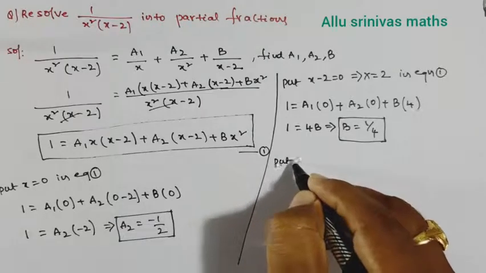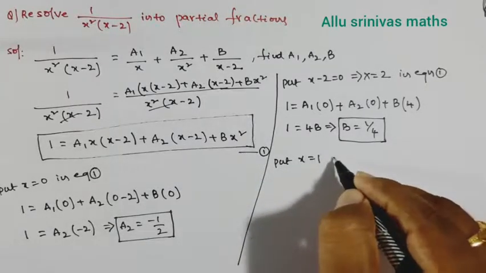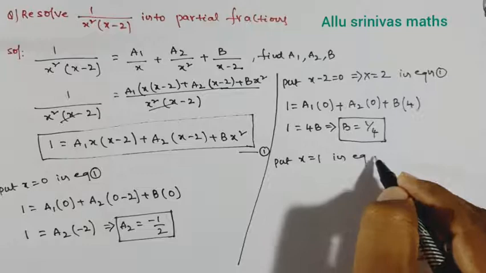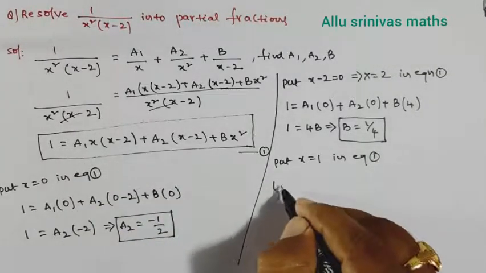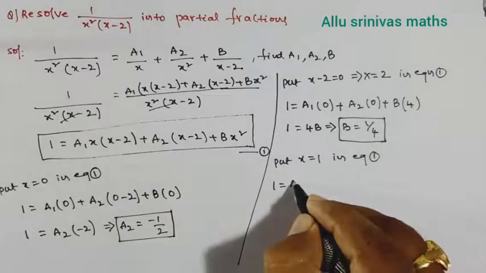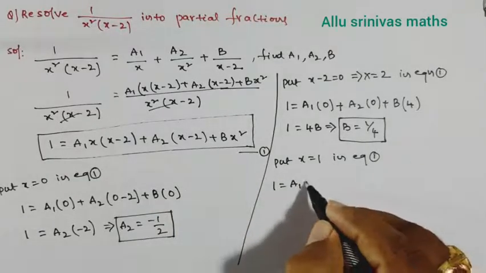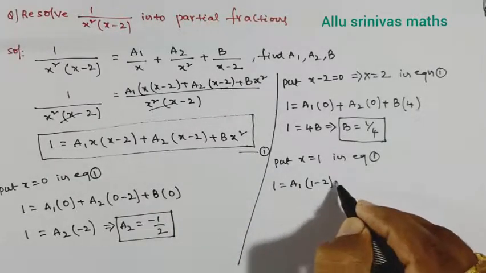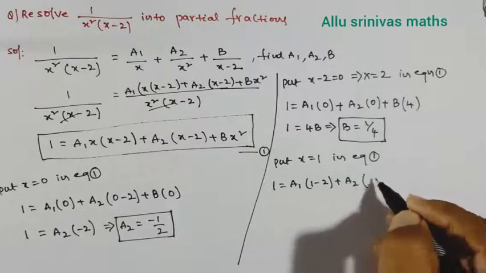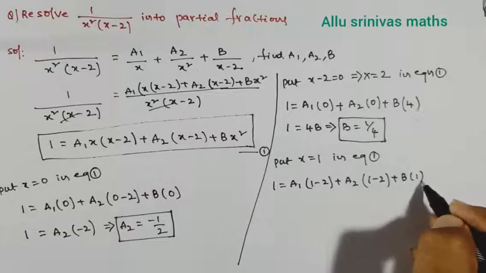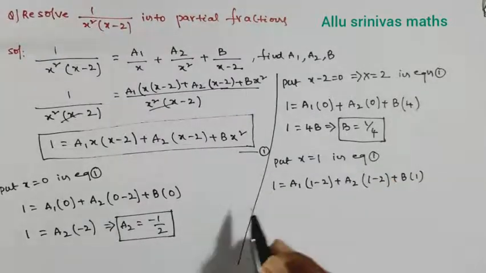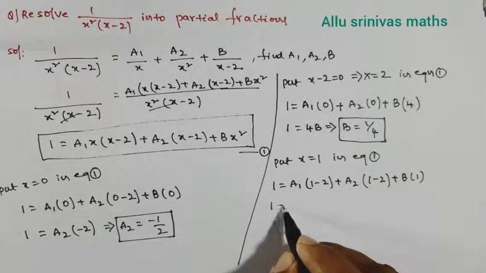Put x equal to 1 and substitute in equation 1 for the third value. 1 equals a1 times 1 into 1 minus 2, and a2 times 1 minus 2, and b times 1 square, which is 1. Substitute the b and a2 values in this.